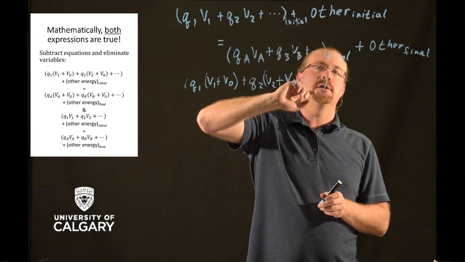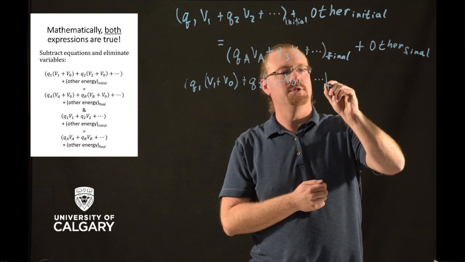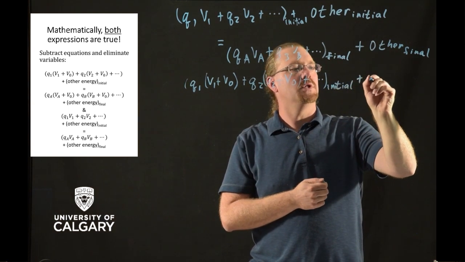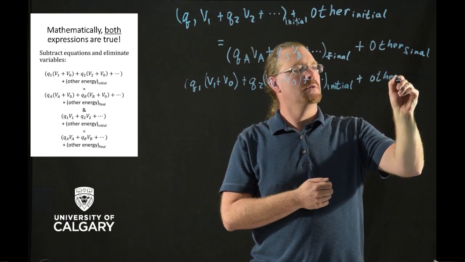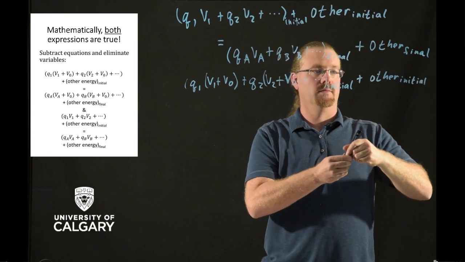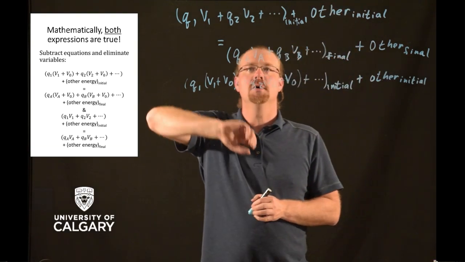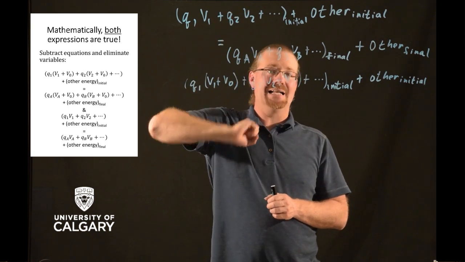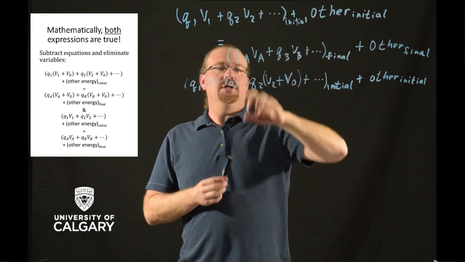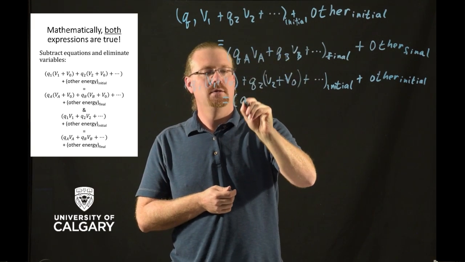However, all of our other energies are equal. So we can say all of our other initial energies, so this is initial, plus other initial. This initial and this initial are going to wind up being the same, even though this and this are not. So this is equal to this, but this is not equal to this.